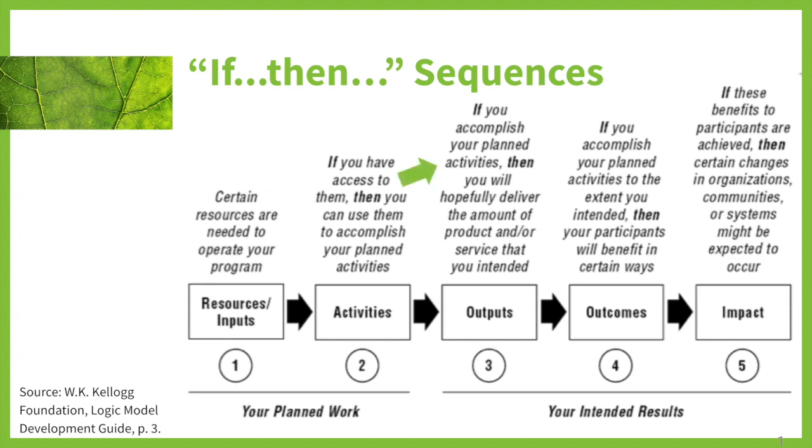If you accomplish your planned activities, then you will hopefully deliver the amount of product and/or service that you intended. If you accomplish your planned activities to the extent you intended, then your participants will benefit in certain ways. If these benefits to participants are achieved, then certain changes in organizations, communities, or systems might be expected to occur.